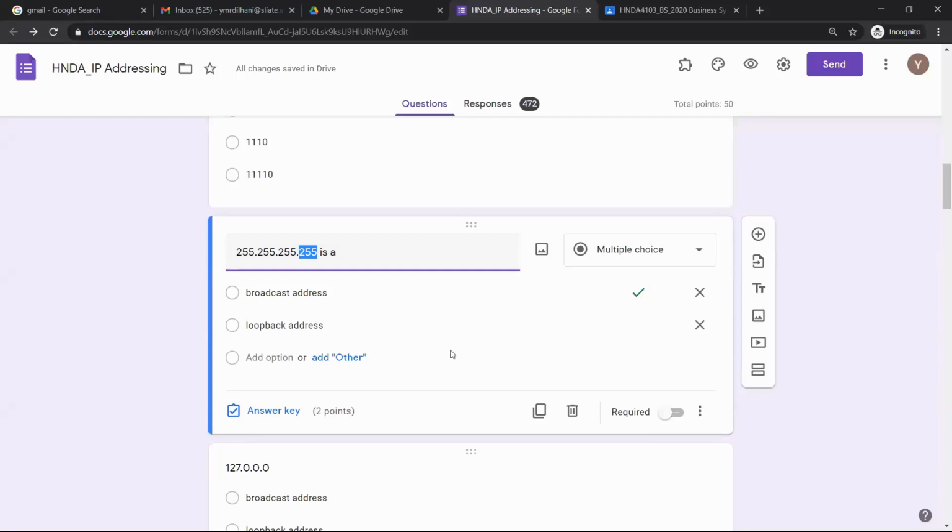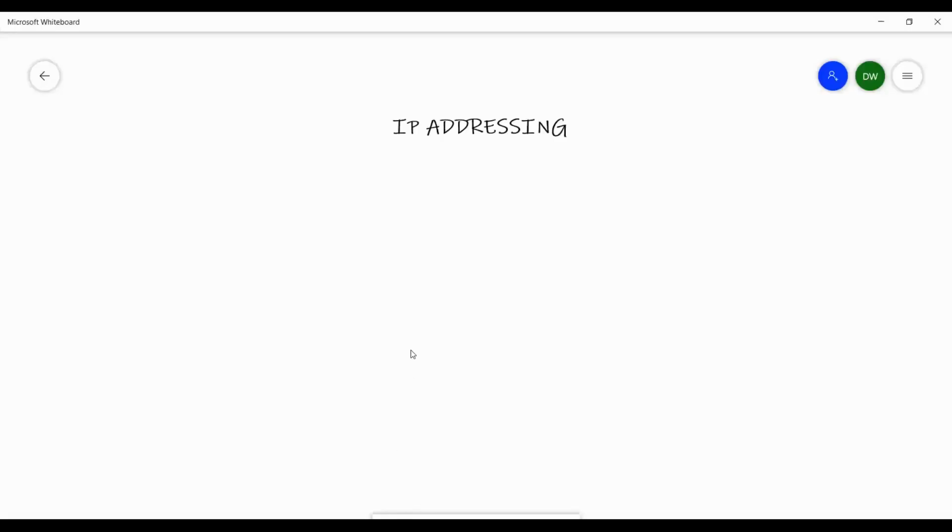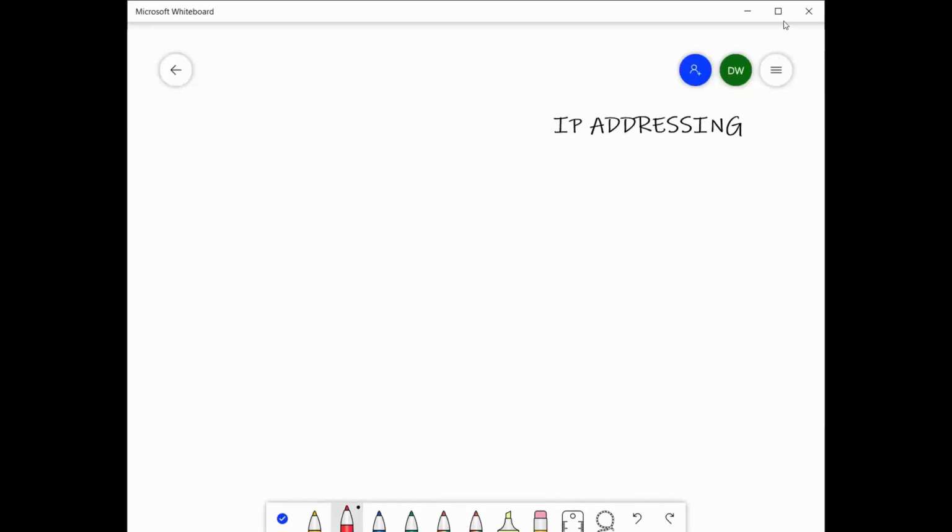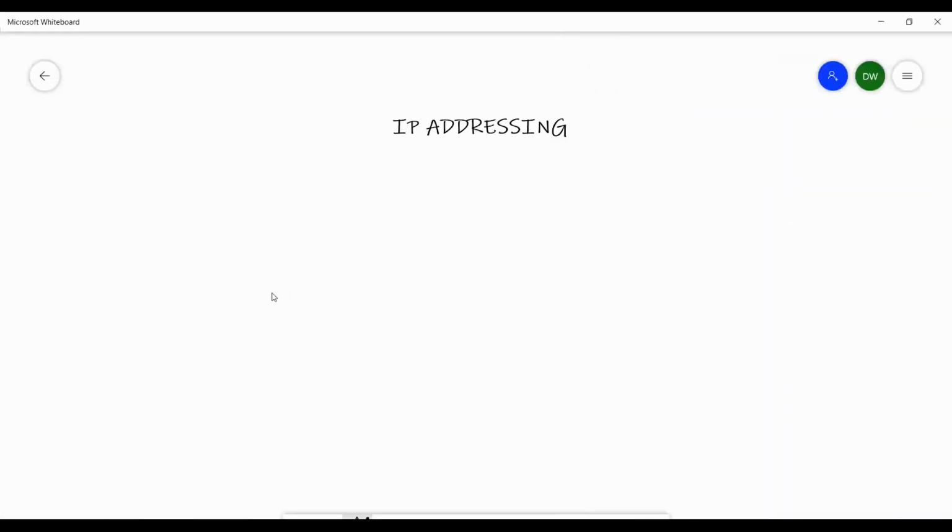I'll show you that using the whiteboard. So if I take this example, assume you have an IP address. The IP address is something like this. You have 4 different sections.